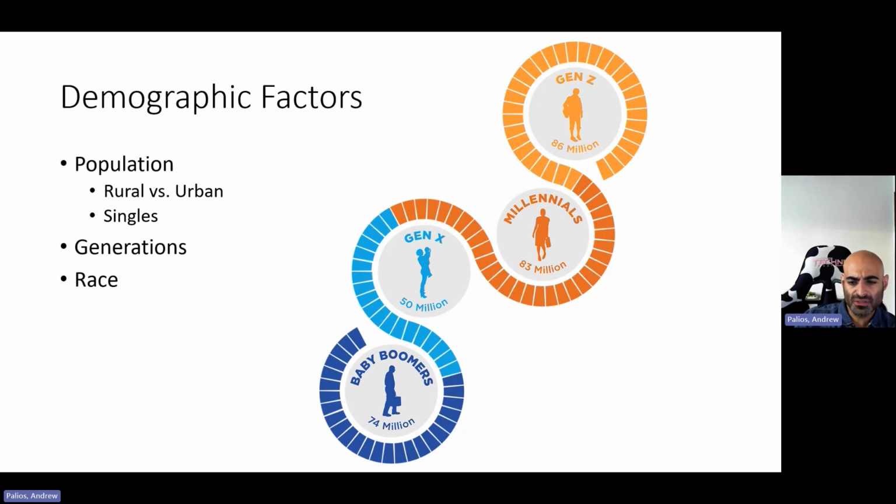Now, this data is interesting. When this was put together in 2020, rural areas had posted their first ever net loss of population in 2012.